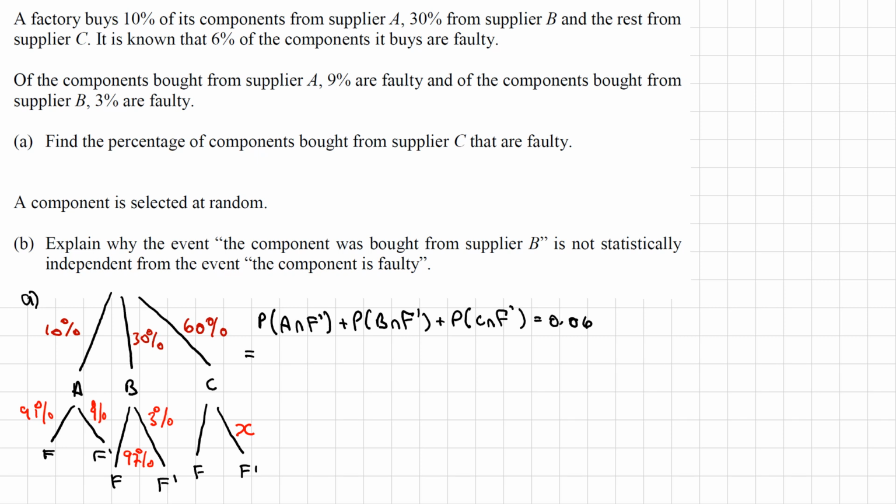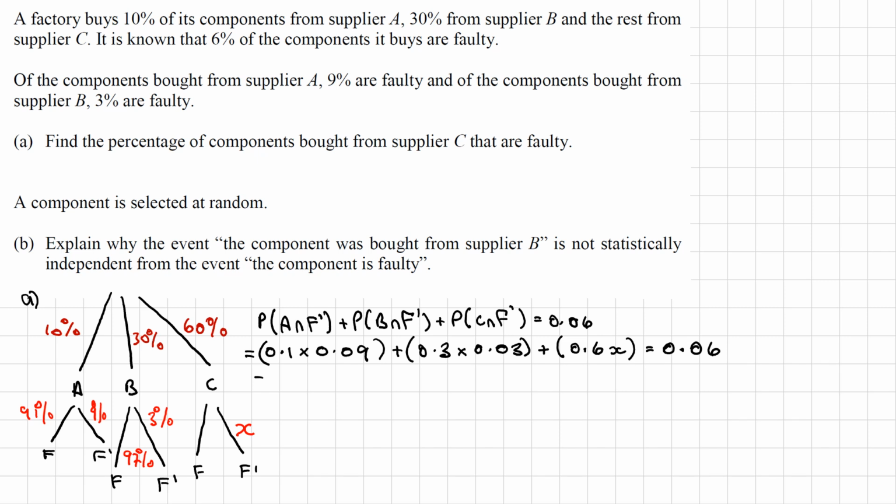The probability of A is 0.1 times the probability that it's faulty, which is 0.09, plus the probability that it's from B is 0.3 and it's faulty is 0.03. And for C, it's going to be 0.6 times X, the probability that it's faulty from supplier C, and that total probability is equal to 0.06.